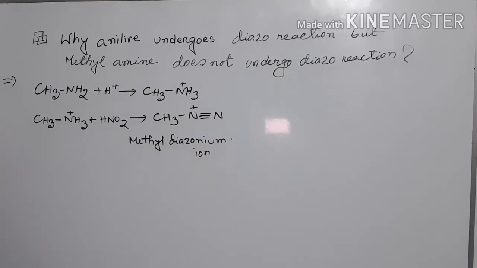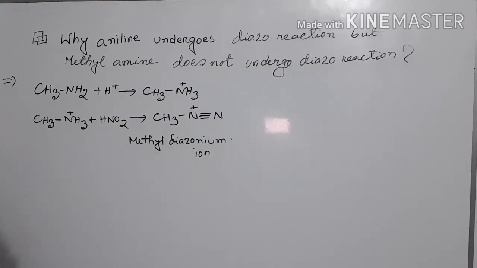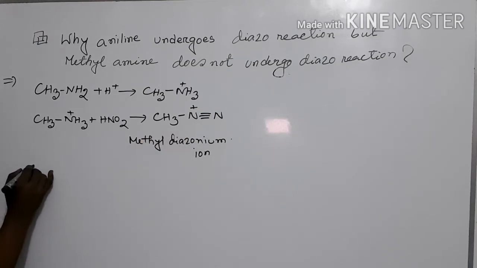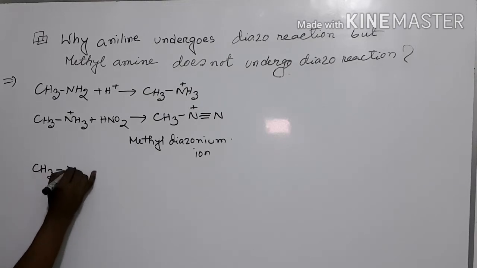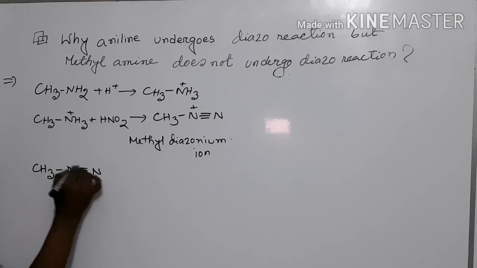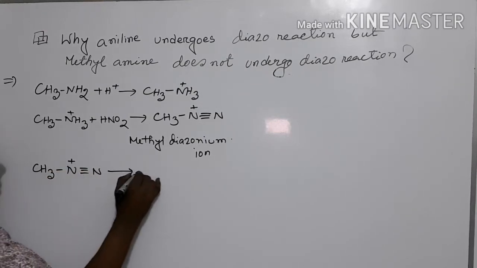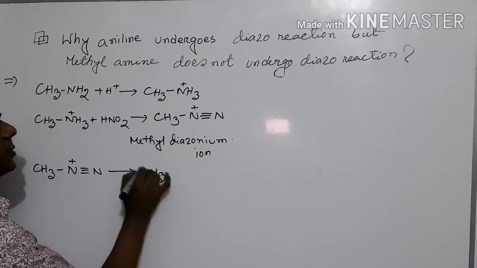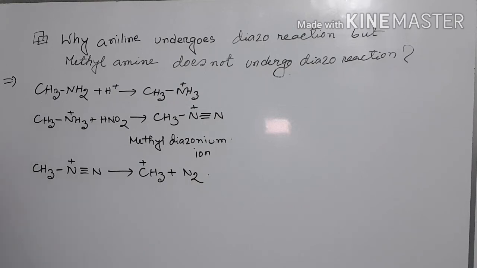But this methyl diazonium ion is not stable due to lack of resonance, and for that reason this methyl diazonium ion reacts and produces methyl carbocation and nitrogen gas.